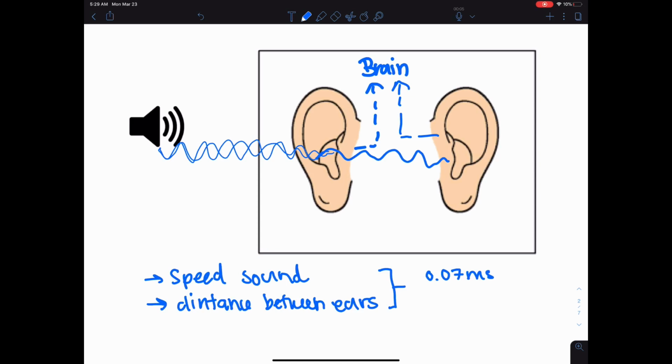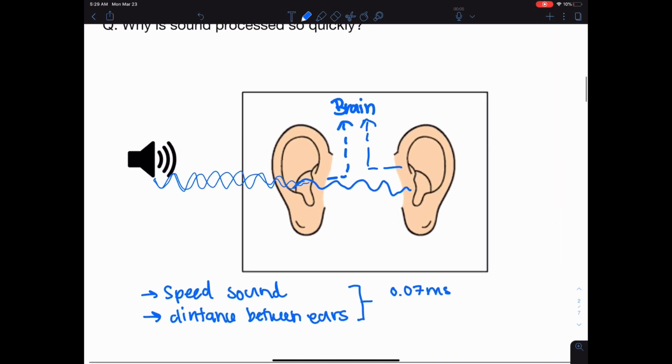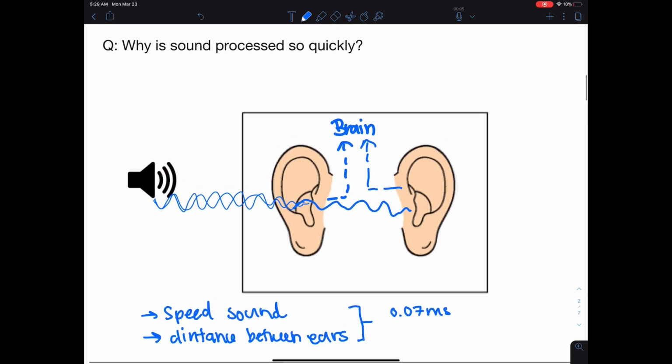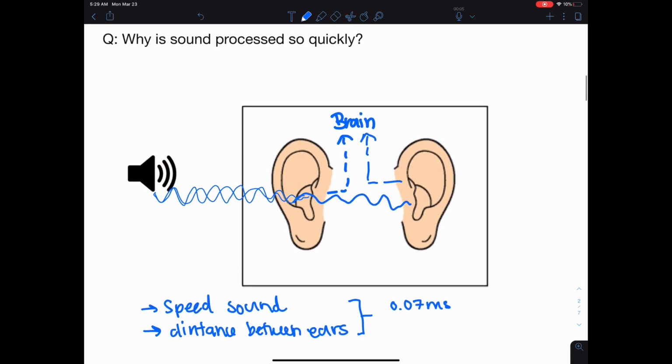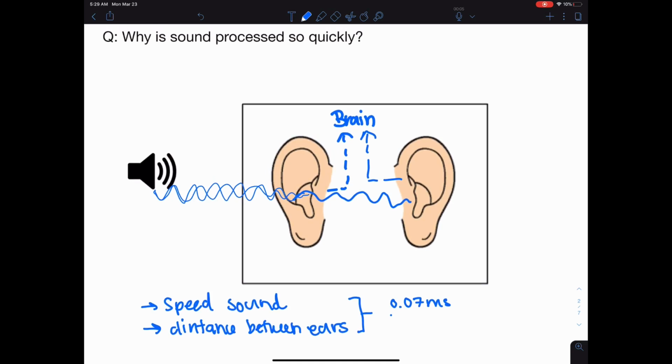So this process that we'll talk about soon, how exactly does it do it so quickly in comparison to other sensory transduction pathways, hearing is able to achieve very fast time intervals.